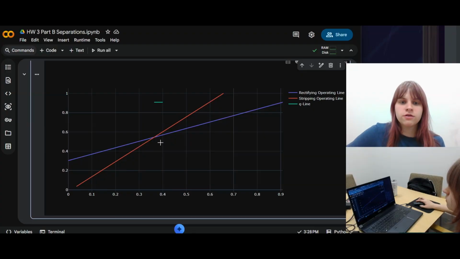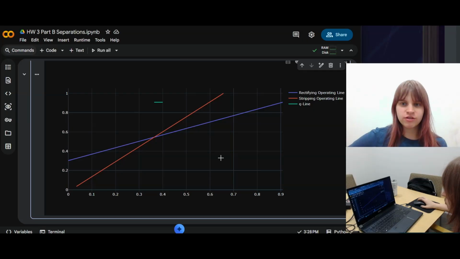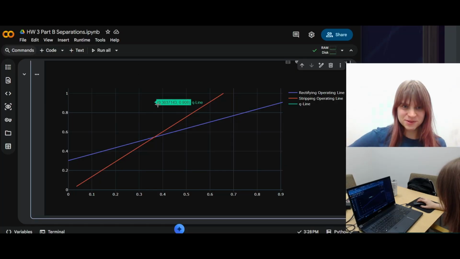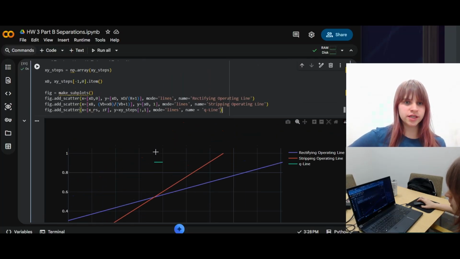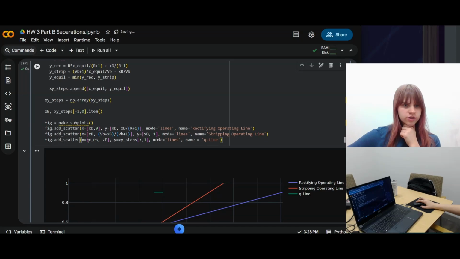Okay, so from what I can see, the rectifying and stripping operating lines look good, kind of like this here, except the Q line does not look correct at all. So let me take a second look at what I did for the X and Y values.